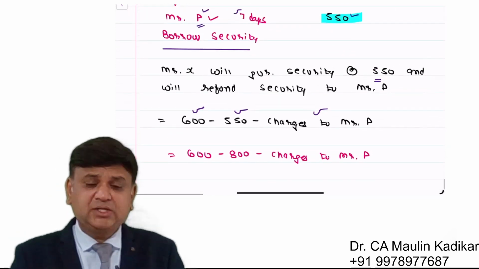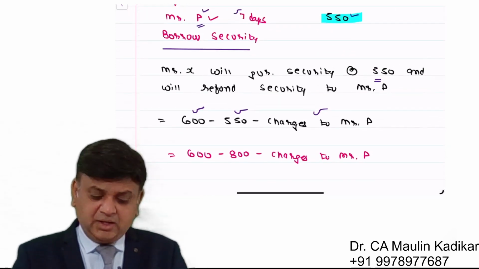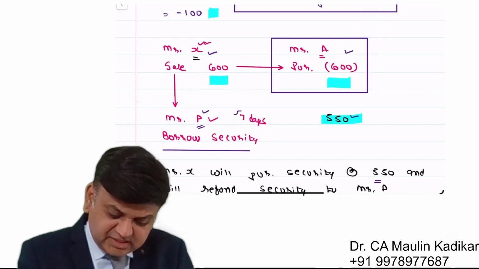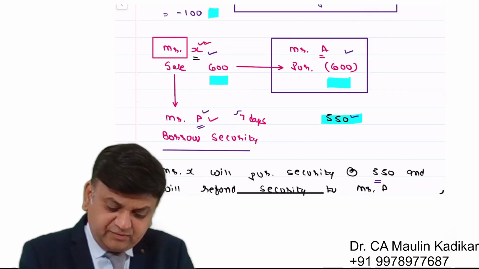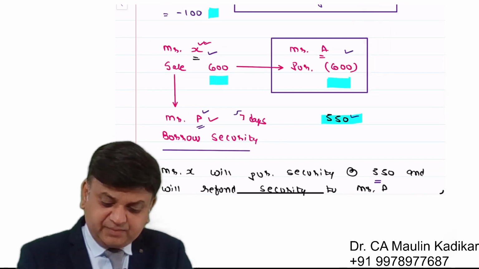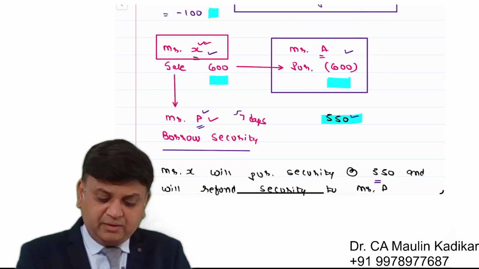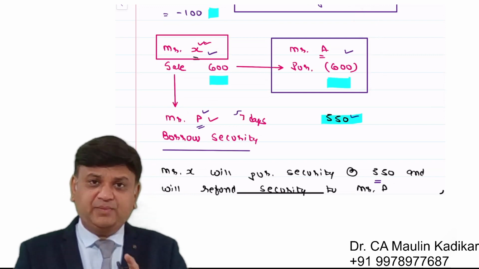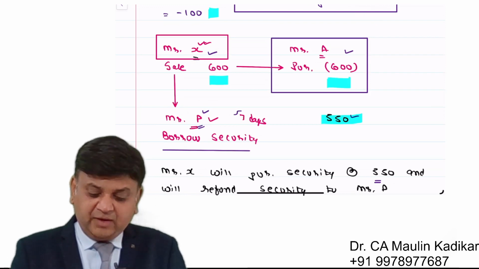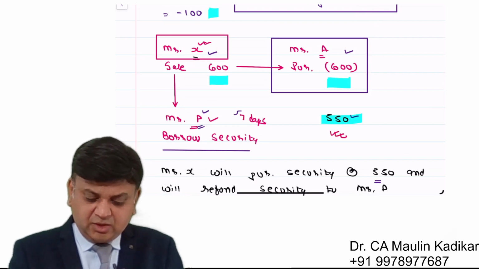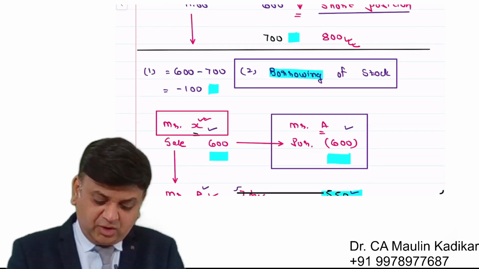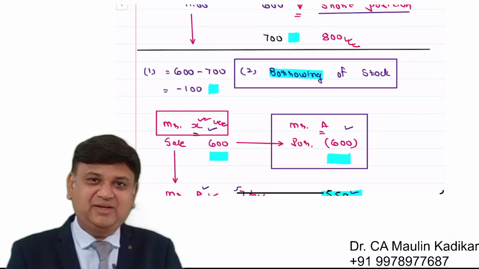What I want to tell you, dear students, is that Mr. X is responsible to give delivery of the security. It means that Mr. X is required to purchase the security from the spot market and it will be delivered to Mr. P. Whether the price decreases or the price increases, that risk is required to be borne by Mr. X only.